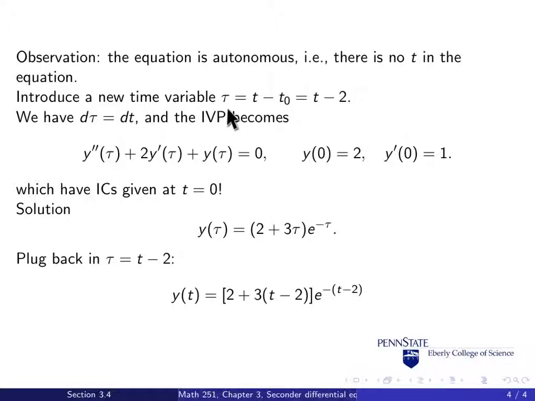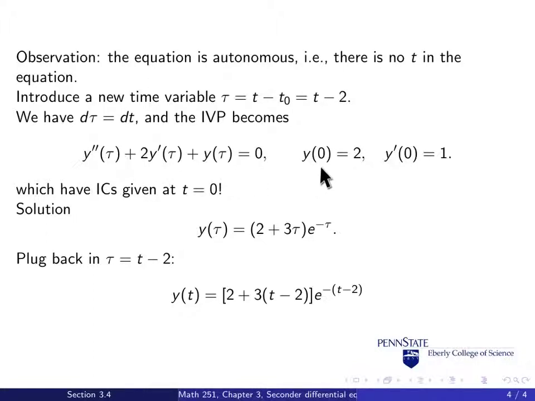Then d tau equals dt, so differentiating in tau or in t is the same. Thinking of y as a function of tau, not t, the derivatives will not change, and we get the same differential equation. The equation remains the same.